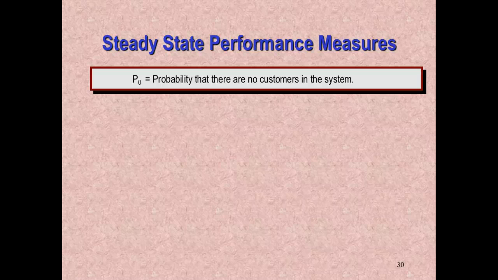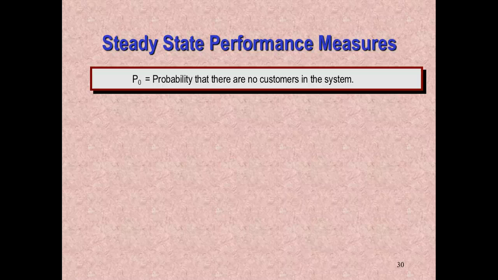Let's say I have 2 tellers, 2 service reps, and let's say I have 2 people being served, and I have 4 people total waiting in line.